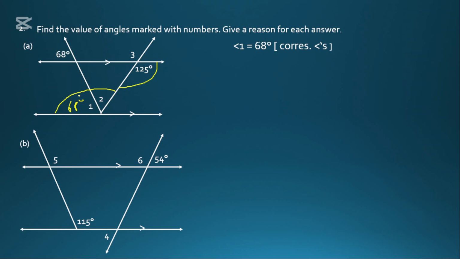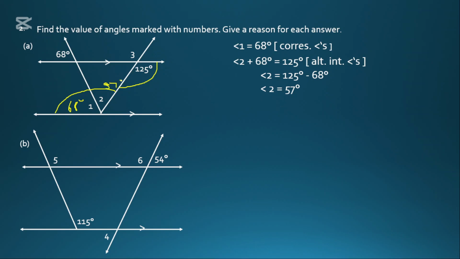From the parallel line to the transversal, from the parallel line to the same transversal, there we have a pair of alternate angles. So 68 plus 2, or 2 plus 68, is equal to 125. Alternate interior angles. Can we work it out? Remember, always reasons, and we subtract, and 2 is equal to 57.